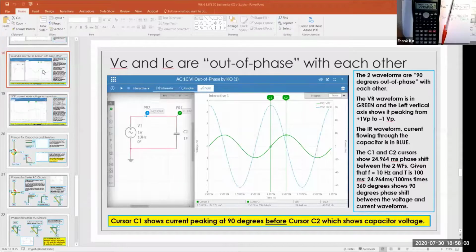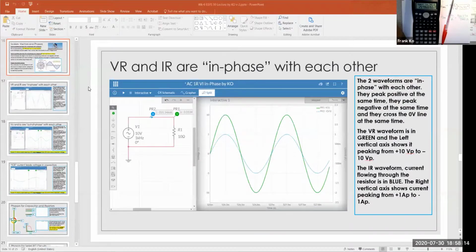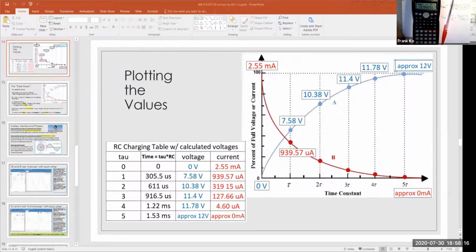Okay, so we say that IC and VC are out of phase with each other. Why are they out of phase with each other? Because of how the capacitor charges. Remember, capacitor current is at maximum the instant we close the switch, but the voltage is at 0.